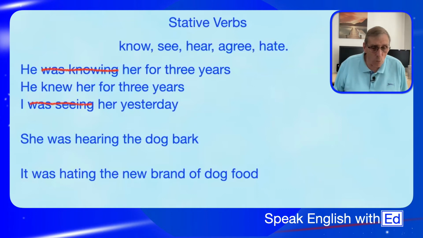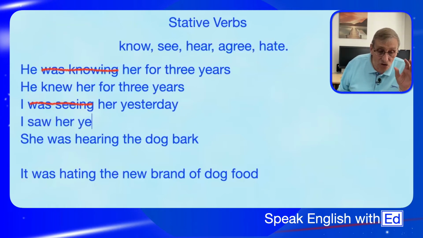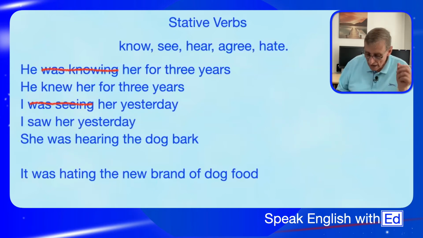Same with I was seeing her yesterday. That's a big no-no. I saw her yesterday. That's the past simple tense. The past tense of see is saw. Same with she was hearing the dog bark.